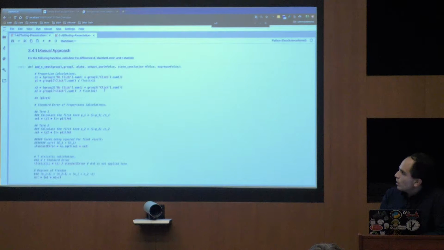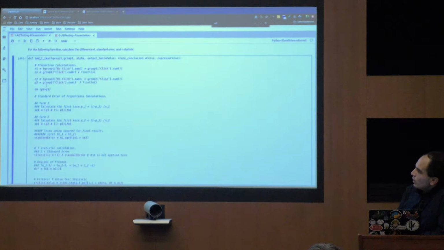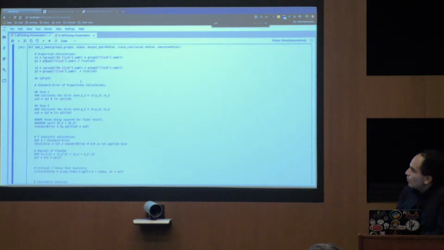Originally, as we saw earlier, we calculated our proportions based on the two respective data frames, getting the sum of no clicks and clicks for the total number of impressions, N1 and N2, and then getting the CTRs, the click-through rates, respectively. So the number of successes divided by the total number of impressions.